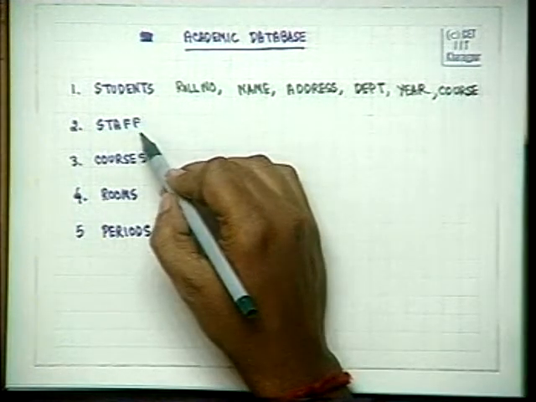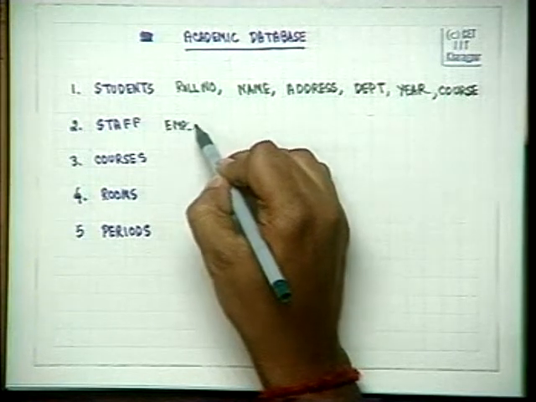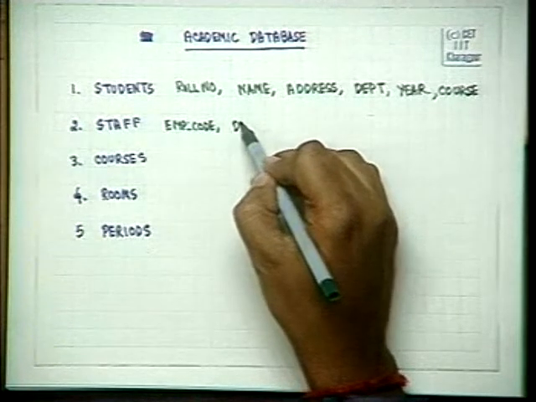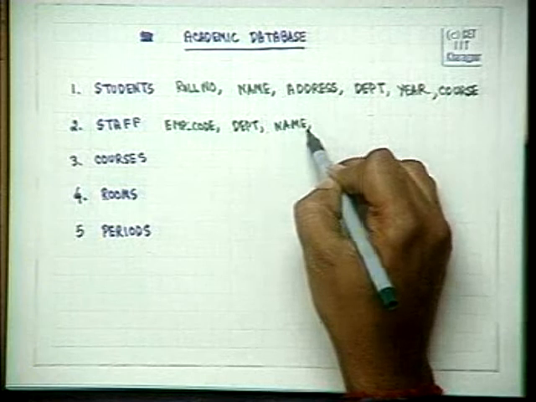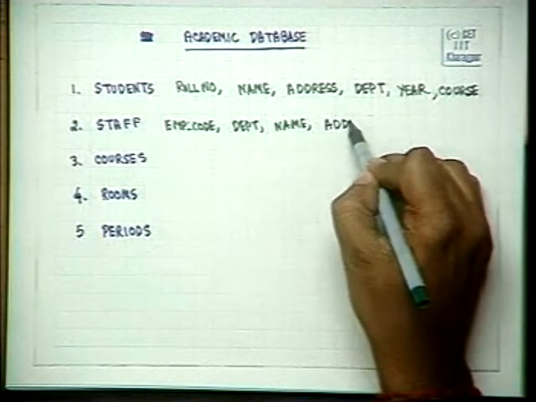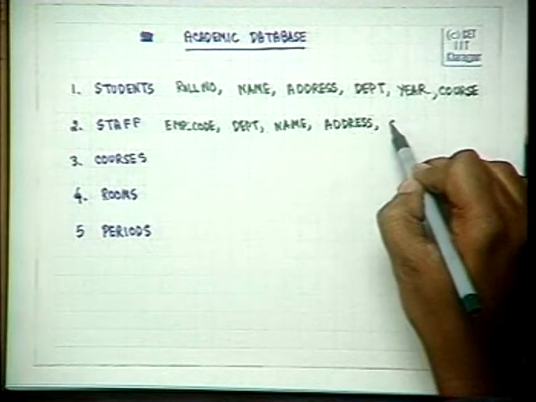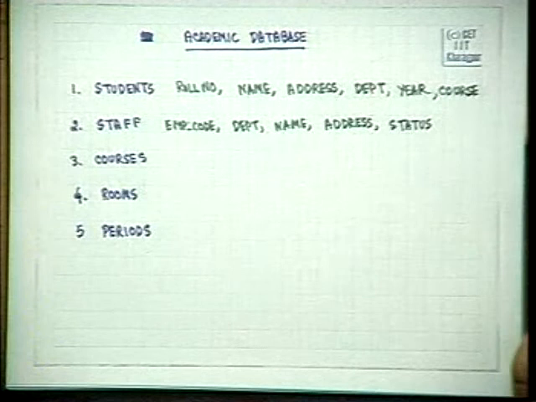For a staff, it may be employee code, department, name, address, status, that is the type of the person.